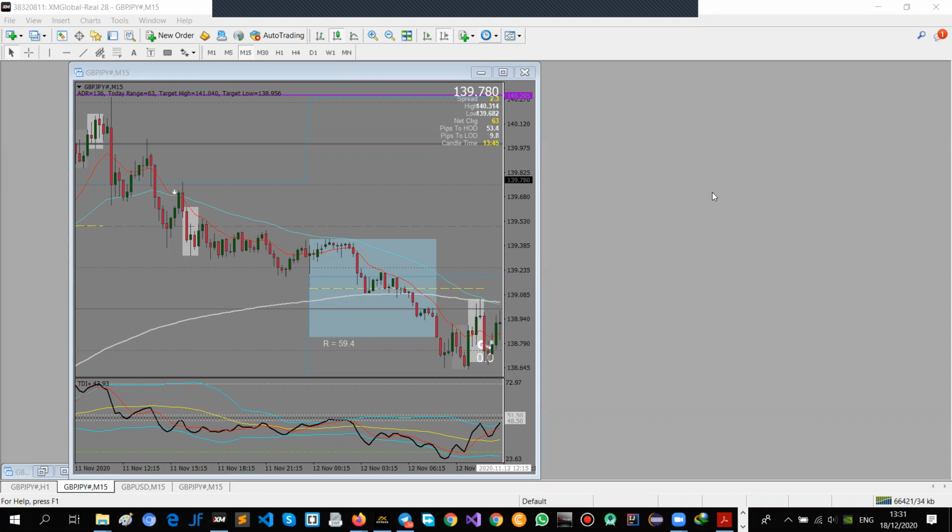So, for fake outs, what are fake outs? Fake outs, to us DTMM traders, are when the markets move price and form a pattern that we know of, but then the market makers move the price against our pattern, going against our rules and against the structure that is supposed to be formed.